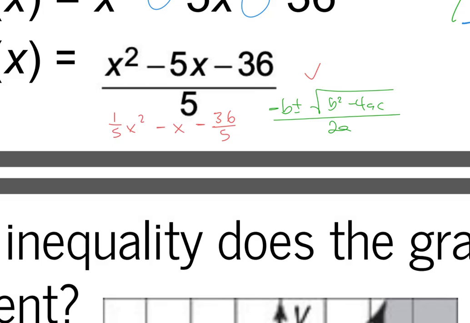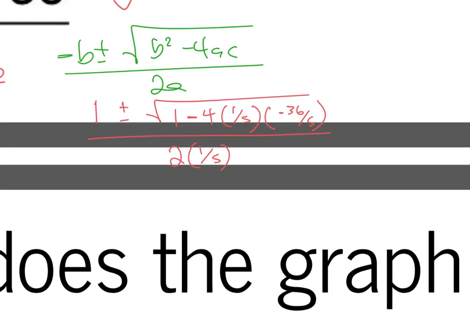So that is 1, because a negative 1 is just 1 plus or minus the square root. B squared, well, 1 squared is 1 minus 4 times 1/5 times negative 36 fifths all over 2 times a, which is 1/5. Ooh, this looks like fun.